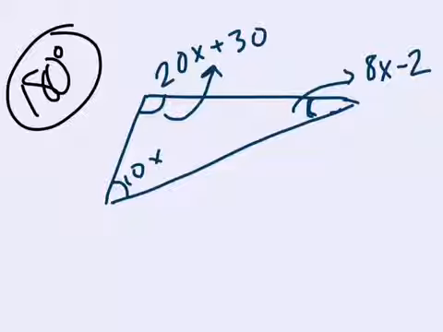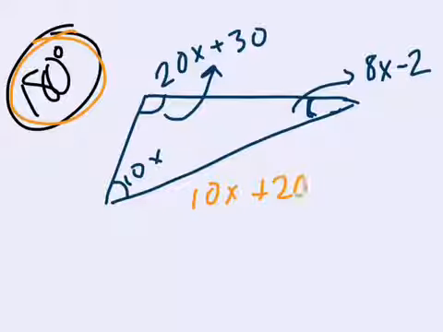So if the sum of all triangles, of all their interior angles is 180 degrees, what that means for us is that 10x plus 20x plus 30 plus 8x minus 2.